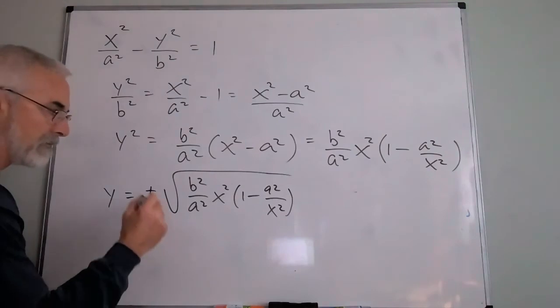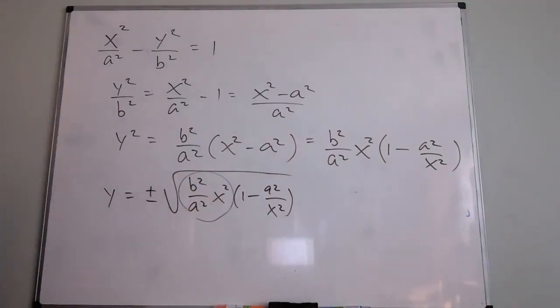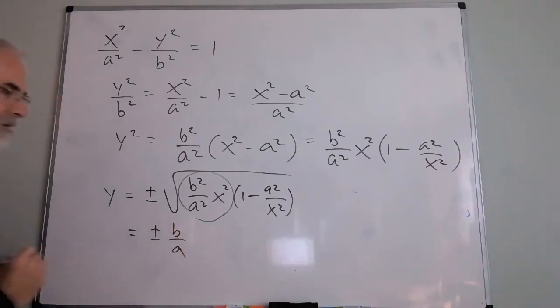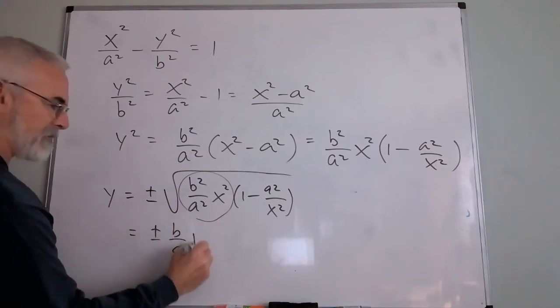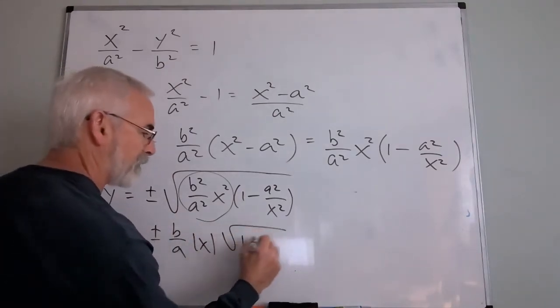But the square root of a product is the product of the roots, and these are both perfect squares. So I can actually pull those out in front. That would come out as an absolute value. And this is what I'm left with.